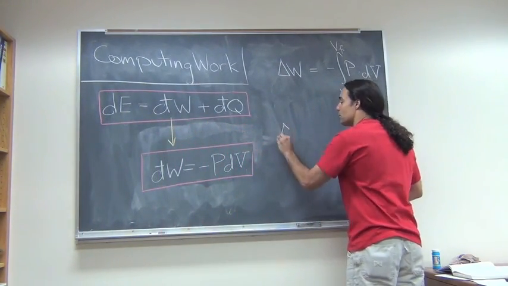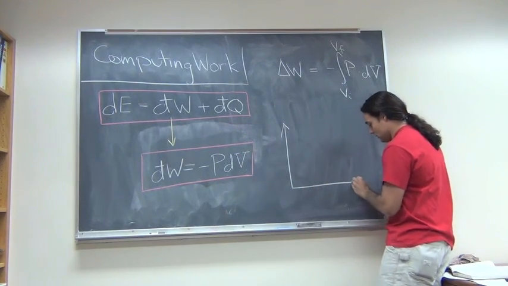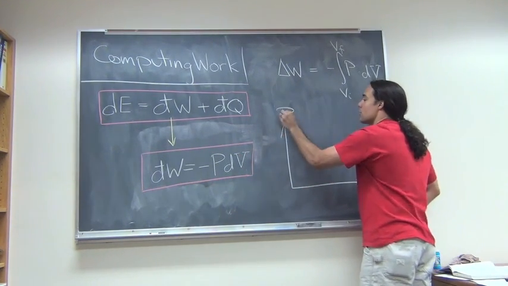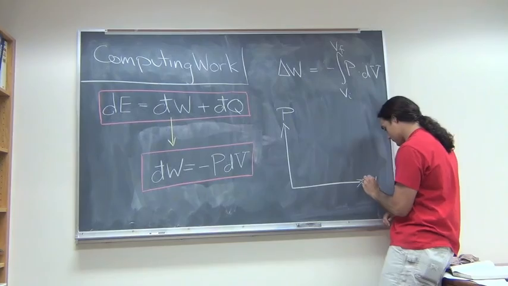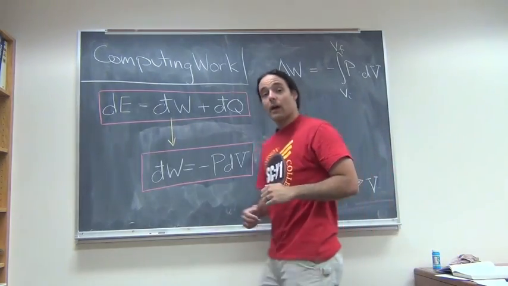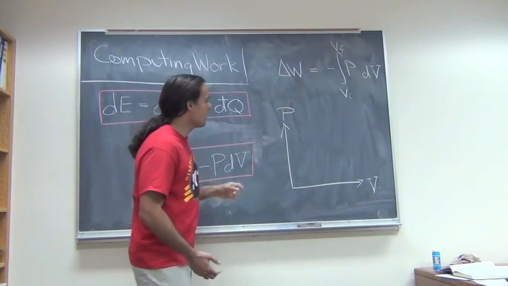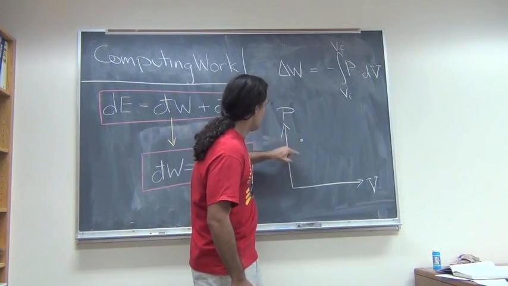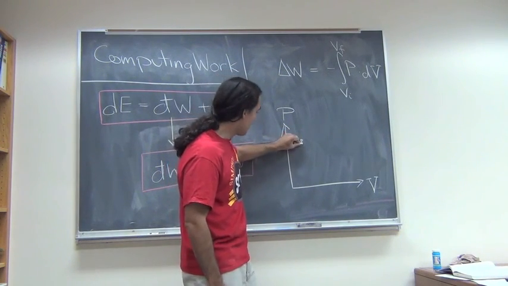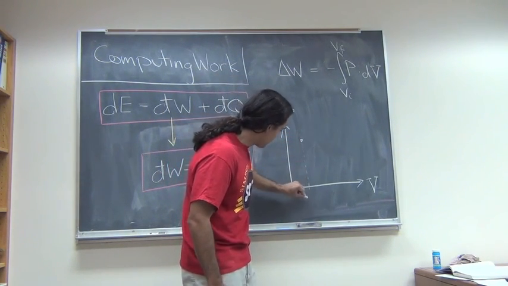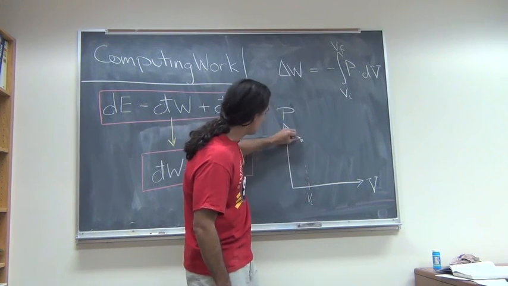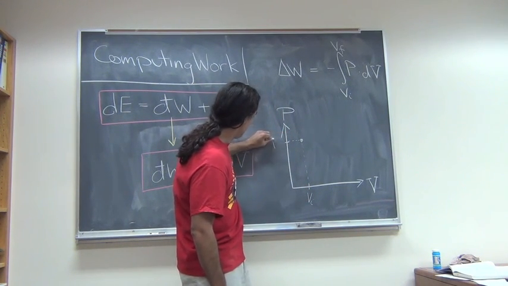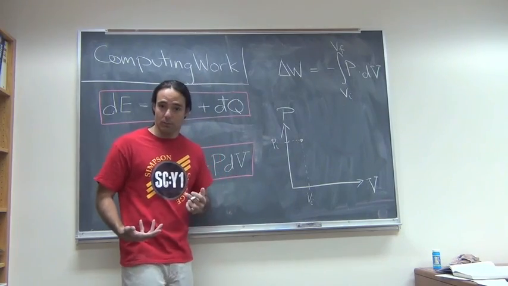So if I were to plot the pressure versus the volume, let's say I wanted to go from this point, this volume and this pressure. So I'm at some V initial and some P initial.